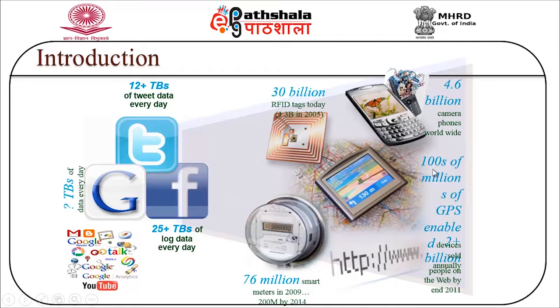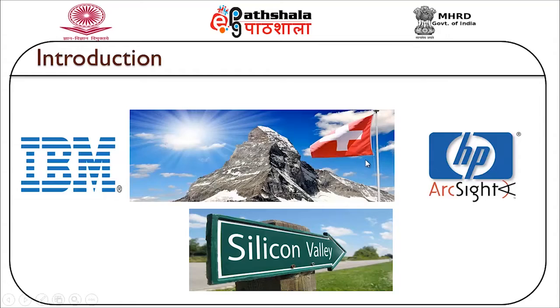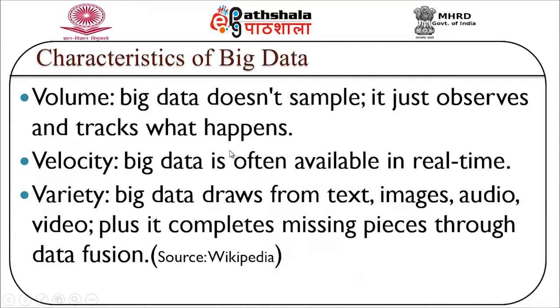With all these devices and social networking applications, human beings populate huge amounts of data onto the web. We call the huge data that is available on the web big data.